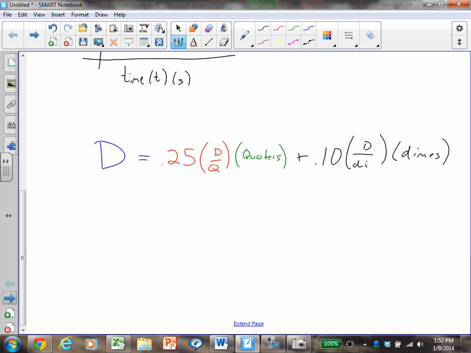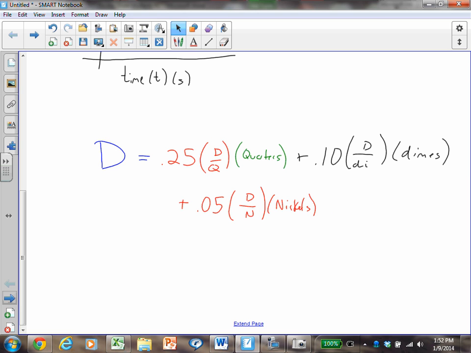plus 0.05 dollars over nickels times the number of nickels you put in. Plus 0.01 dollars over pennies times the number of pennies.